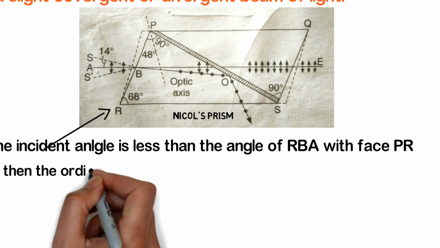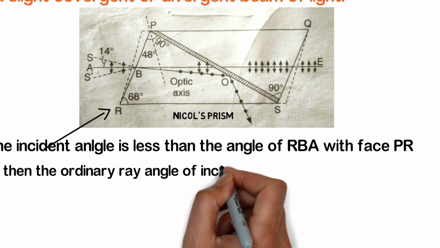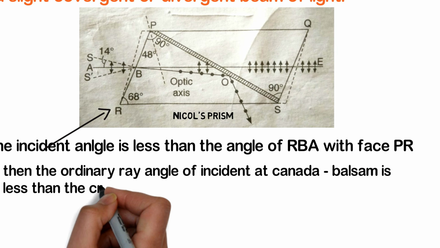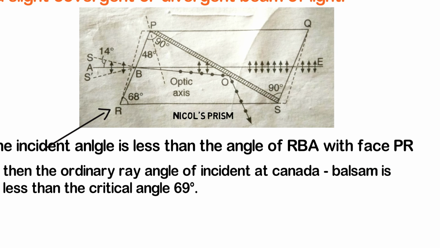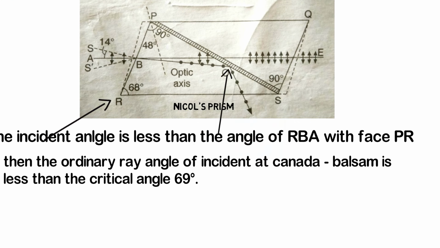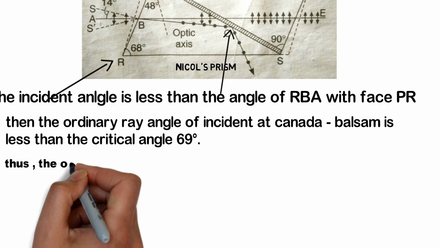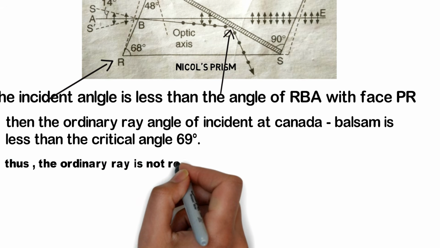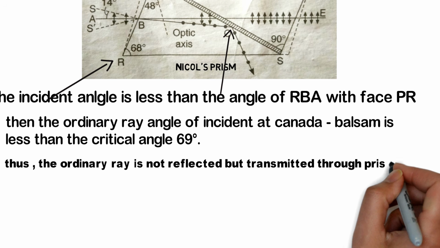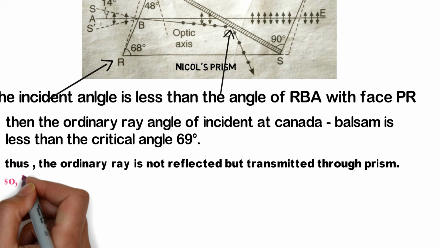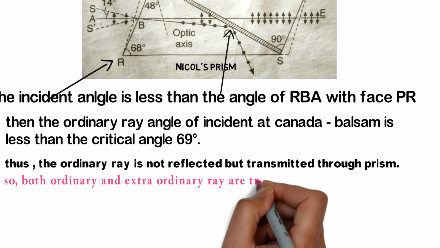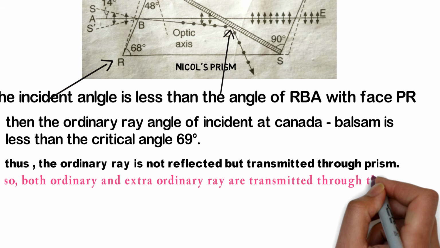Then the ordinary ray's angle of incidence at Canada balsam is less than the critical angle 69 degrees. Here we see the Canada balsam incident angle. Thus, the ordinary ray is not reflected but transmitted through the prism. So both ordinary and extraordinary rays are transmitted through the prism.